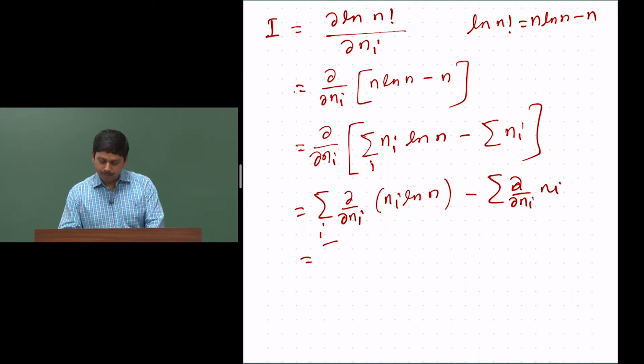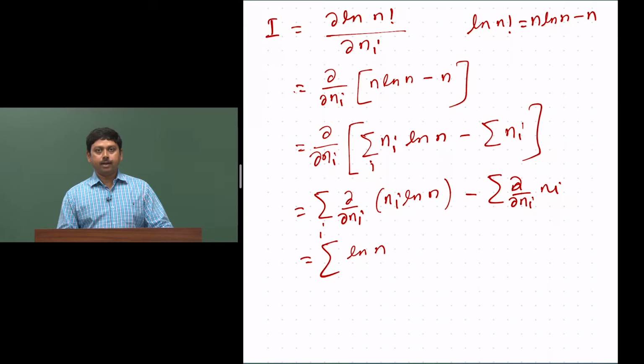Now, this is a product sum. So, the first term will be ln N, and as you see the sum will go away, because only one of the terms will survive, only one of the n_i will survive. You can think of that as differentiating with respect to n_1, and this is a sum of n_1 plus n_2 plus n_3, and therefore only one term will survive and you are going to get only one.